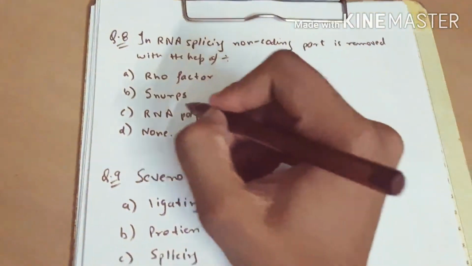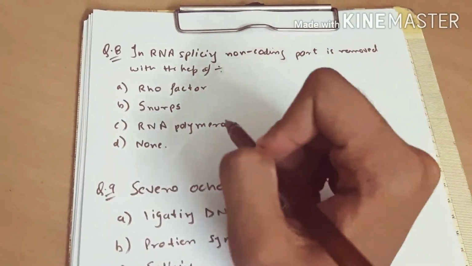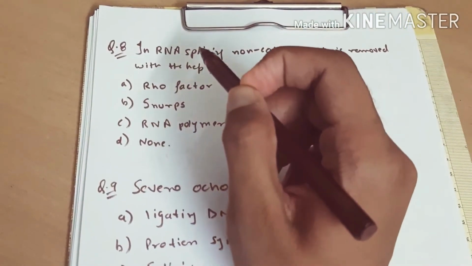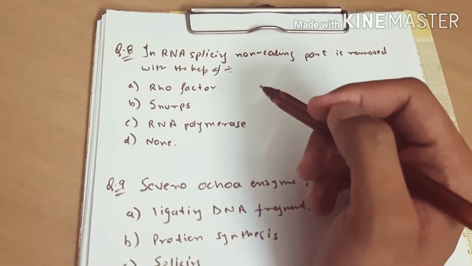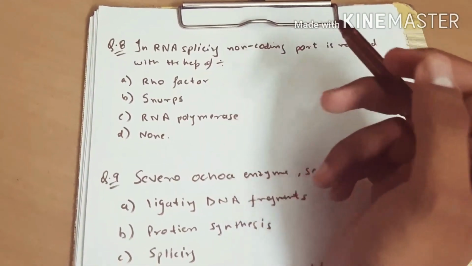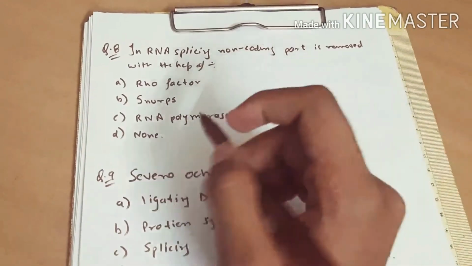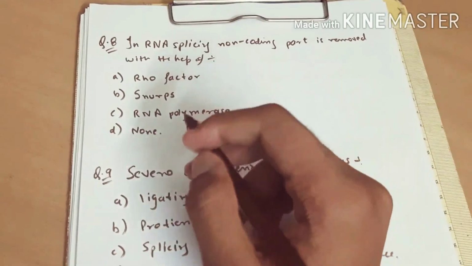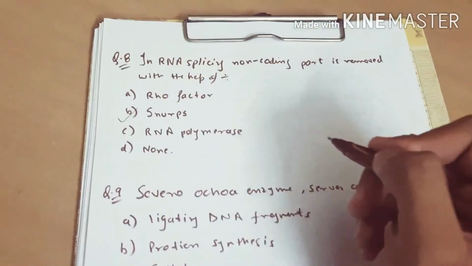So Rho factor helps in termination of transcription. snRNPs stands for small nuclear ribonucleoprotein, which combine with some other protein to form spliceosome complex, which uses ATP to cut the RNA, release the non-coding part, and join the coding part to produce functional RNA. And RNA polymerase is used for transcription. So the answer will be option B, which is snRNPs.